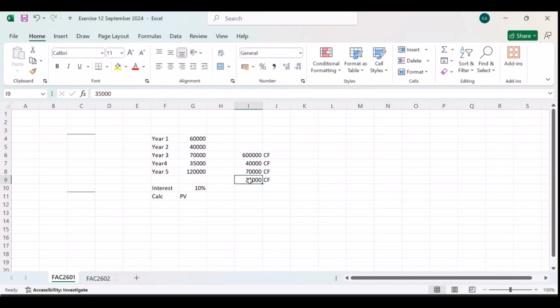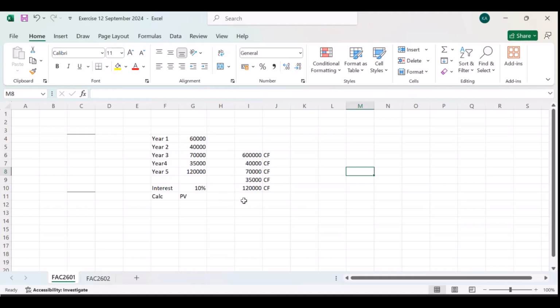And then 120,000, press cash flow. Sometimes the cash flows are not always positive, but don't worry about that. In our scenario, it is positive. You assume that you're always going to have a positive cash flow.